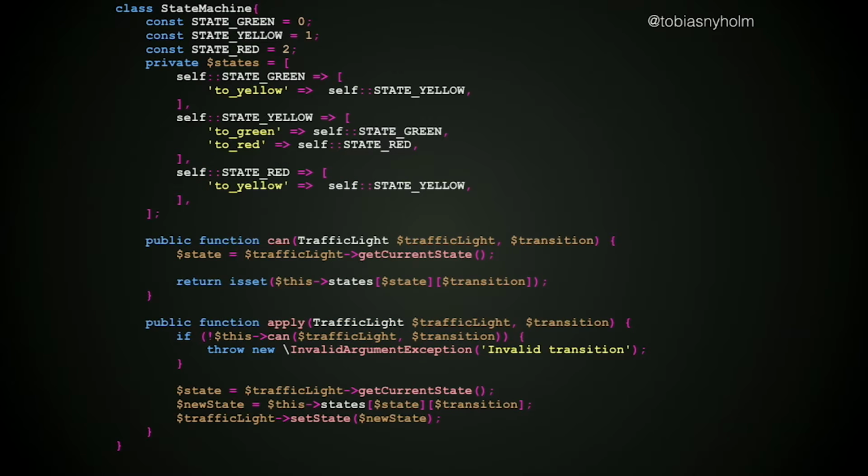And let's clean up the state machine a little bit. Instead of having states all over the place, let's have them in a private property. As you can see, my apply and my can function get a bit simpler. It just checks if the current state and transition are set in this big array.